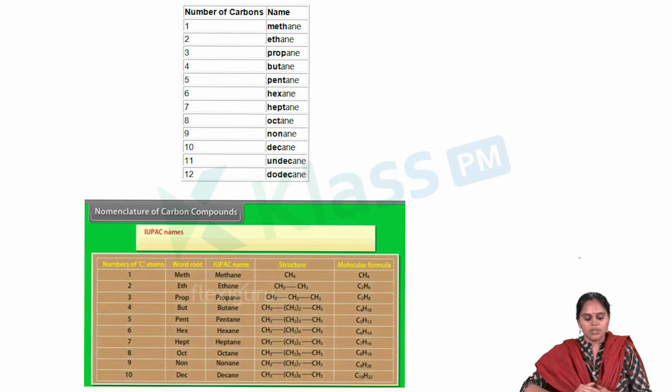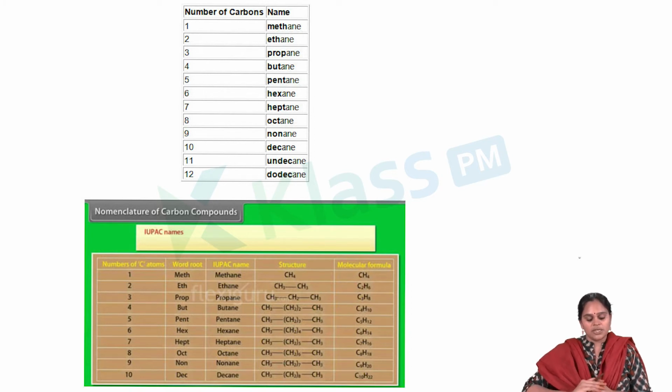And you should remember that based on the number of carbons you have to give the name. If one carbon is present, meth; if two carbons, eth; if three carbons, prop; if four carbons, but; if five carbons, pent; and if six, hex; like that hept, oct, non, dec, undec, dodec. Like this you have to give the naming based on the carbons present.